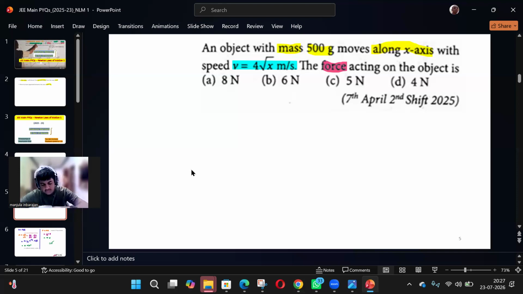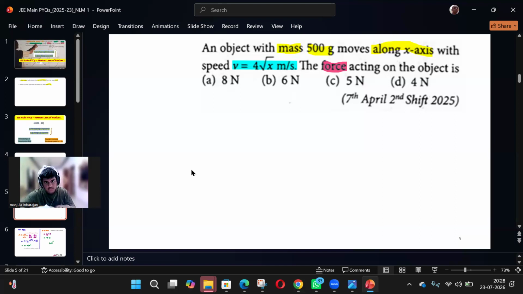We are differentiating 4 root x with respect to x, d by dx of root x.